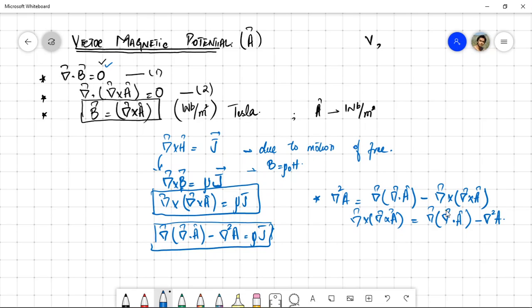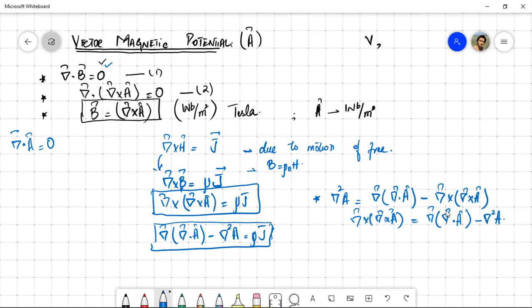So he's saying that the simplest way to ensure that the divergence of B always comes out to be zero is to take the assumption that the divergence of A is also 0. If we assume that the divergence of A is always 0, then we can guarantee that the divergence of B will also be 0, because this A has been derived from this equation.